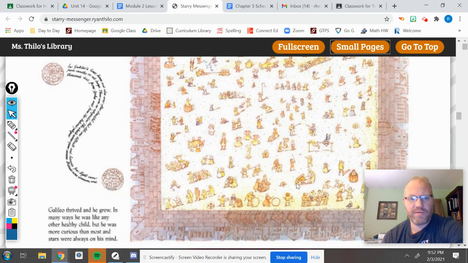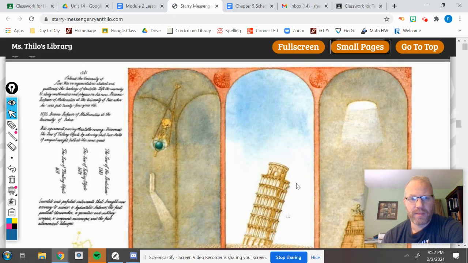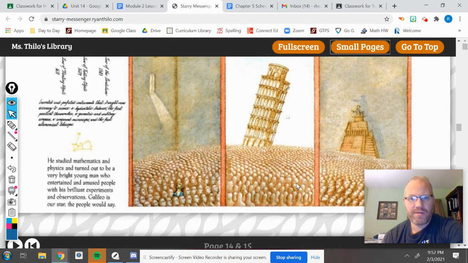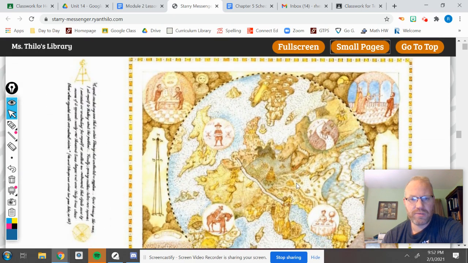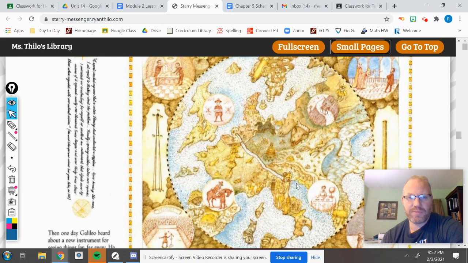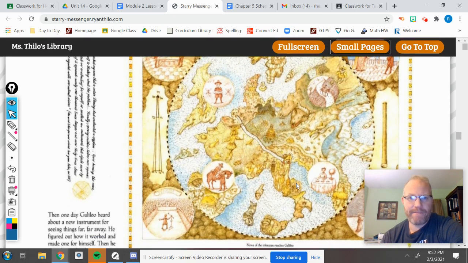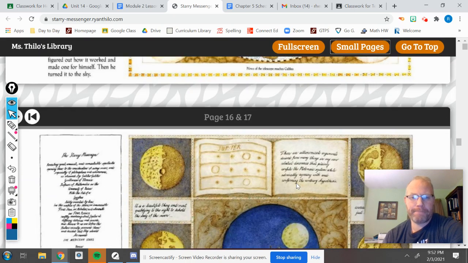Here's another picture as he's growing up. Here's another illustration of Italy. This one looks more like a map with pictures that illustrate places.